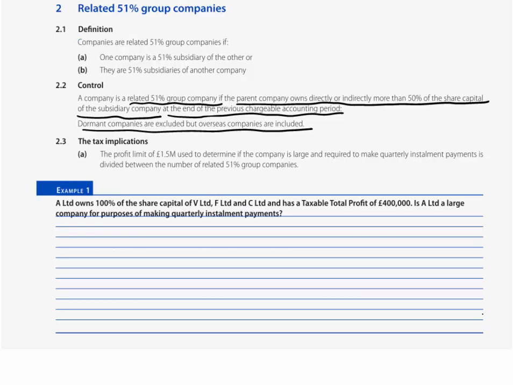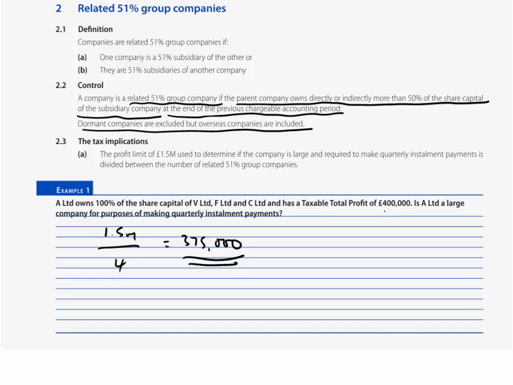So the calculation needed here to be able to determine whether or not A Limited may be required to make quarterly instalment payments in relation to any given accounting period. We have a profit limit of 1.5 million, which we now divide by the 4 related 51% group companies. That therefore, when we divide out, will equal 375,000 as the profit limit.